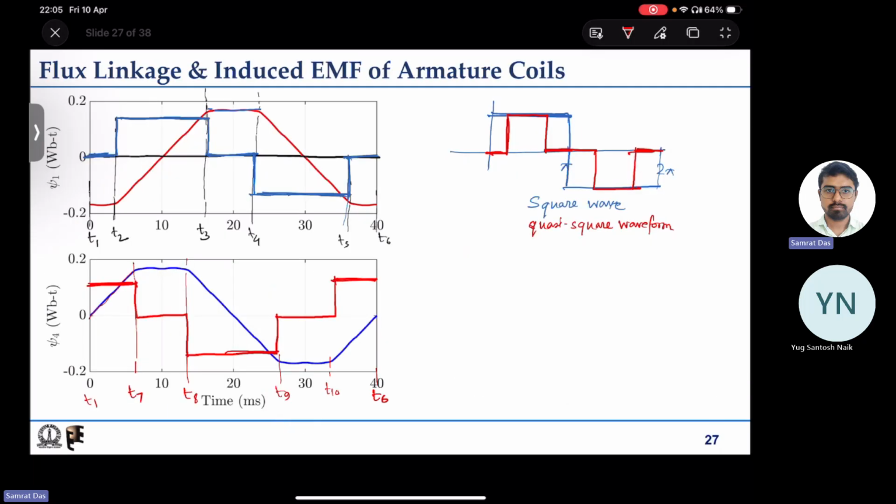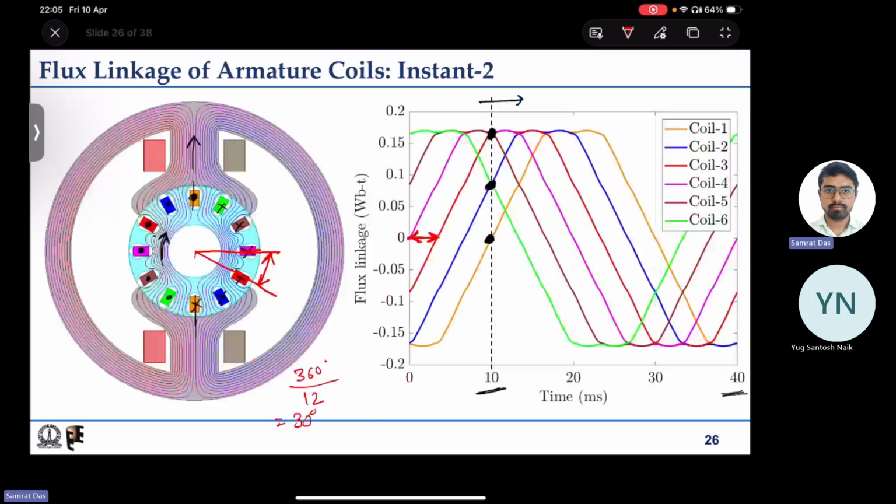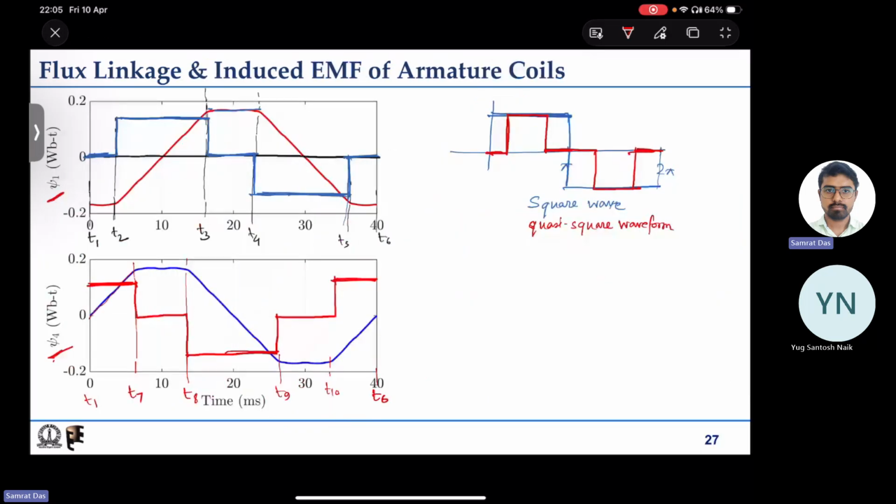And similarly, because I have taken flux linkage of coil 1 and coil 4, coil 1 is here, and coil 4 is actually horizontal for this time instant, so they are 90 degree shifted with respect to each other.